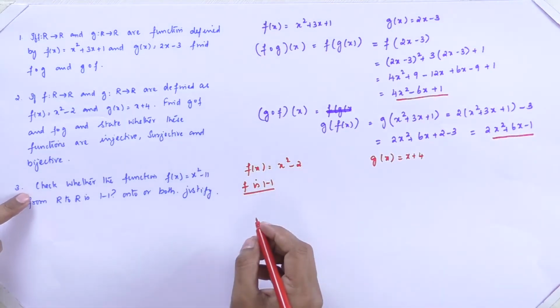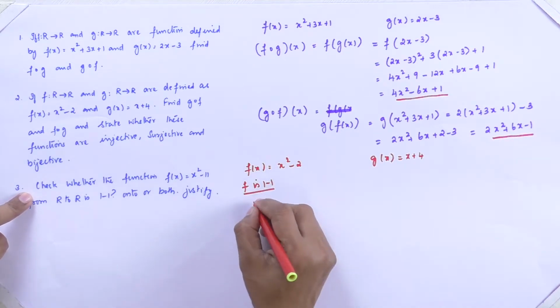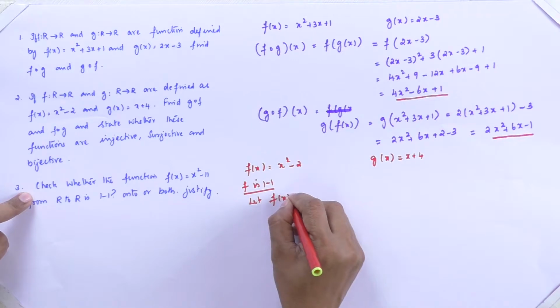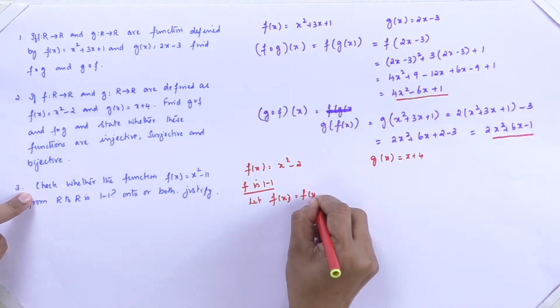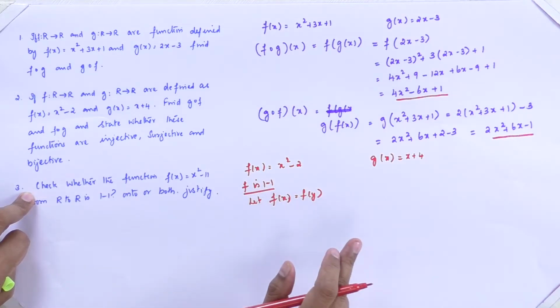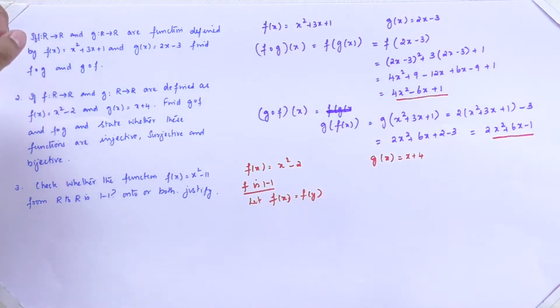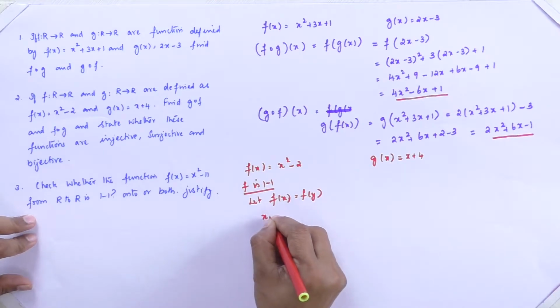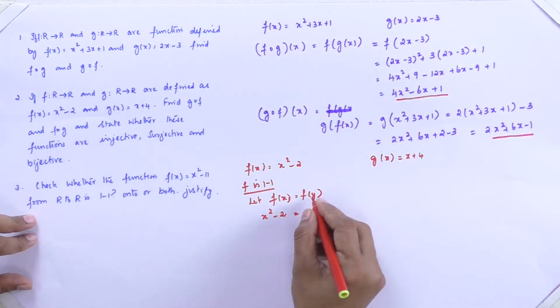The other way is this: suppose we consider f of x equal to f of y. If it is 1 to 1, we should finally arrive at x equal to y, which means each and every element of x is distinctly mapped onto y elements. So f of x is x square minus 2, which is f of y.